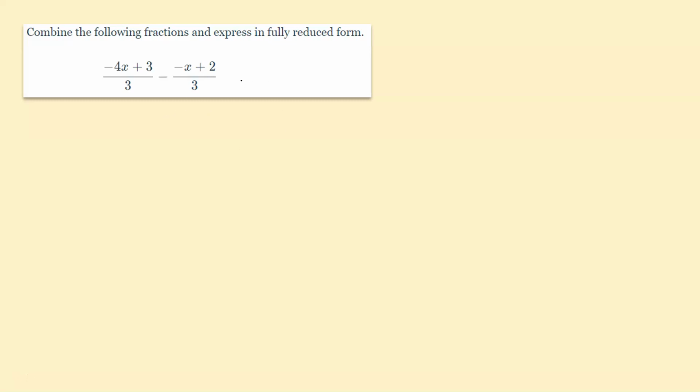So what I usually do here is I will go ahead and combine these into one fraction, and I'll go ahead and distribute the negative here and then rewrite it like that over here. And then the denominator is just 3.